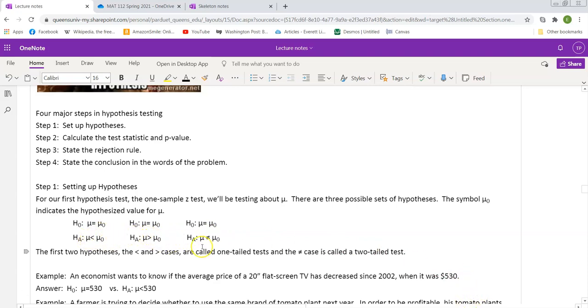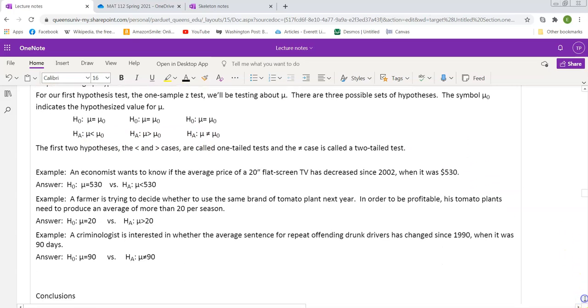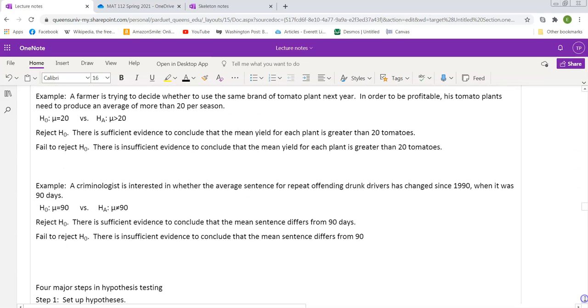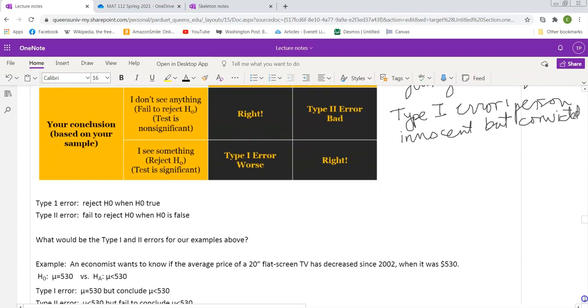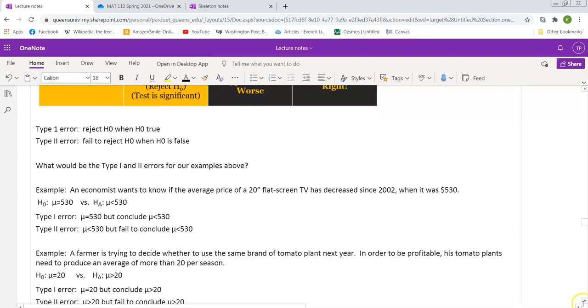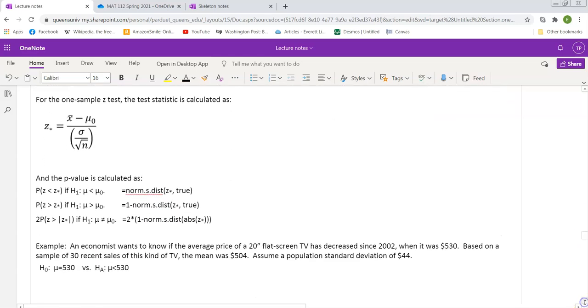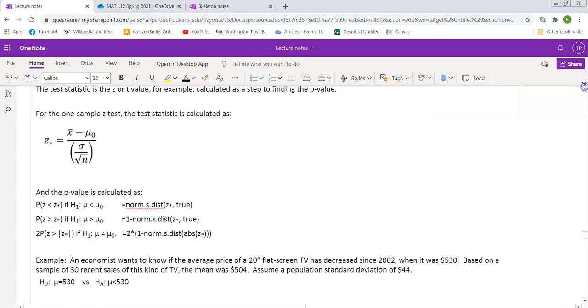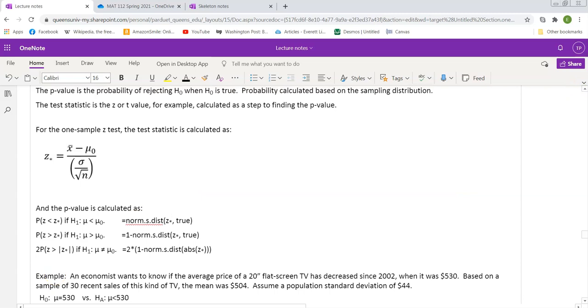So the p-value formula is going to be different based on which one of these alternative hypotheses you're looking to test. So this test statistic is the same formula regardless of which one of these alternative hypotheses you pick for your problem, but the p-value formula is a little bit different.